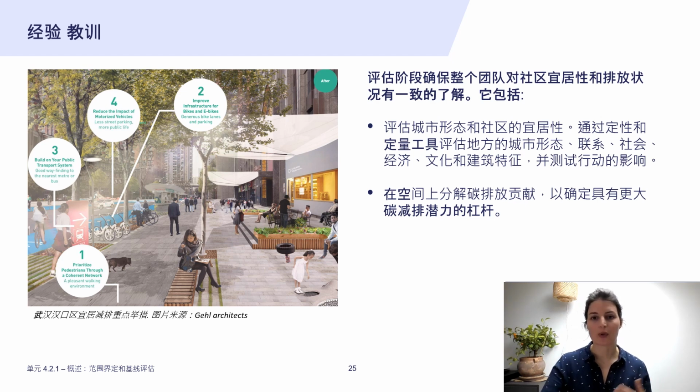Evaluating the urban form, connections, social, economic, cultural, and architectural characteristics of places through qualitative and quantitative tools allows testing the impact of actions improving livability. Especially, disaggregating the drivers of carbon emission allows identifying the levers with the greater potential for carbon emission reduction.